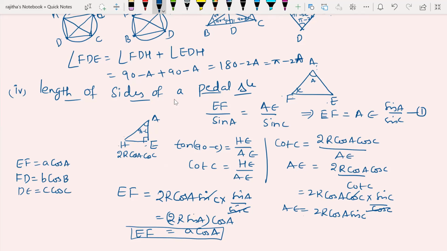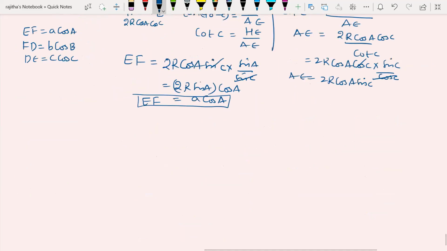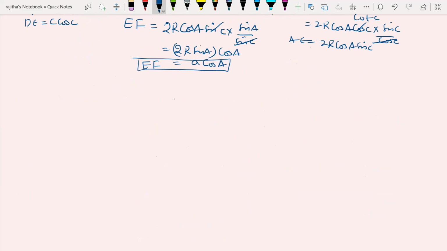Okay, now let us discuss one more property: the area of the pedal triangle.